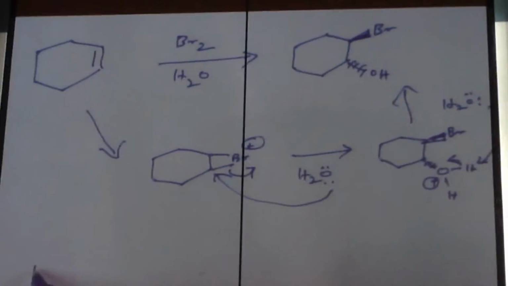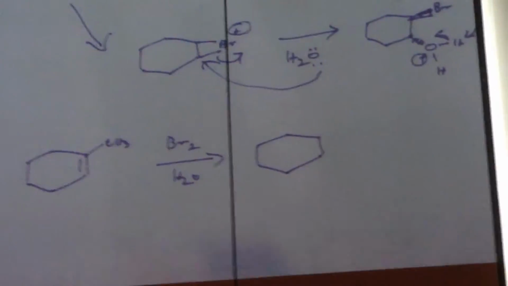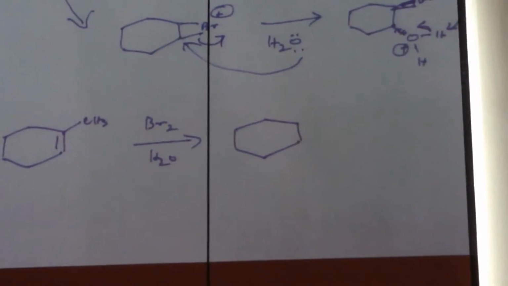Now, one of the interesting things about this reaction is that if you have a substituent across the double bond, let's say an alkyl group here, then the same reaction would exclusively generate not only the anti-product, but the OH is going to go to the more substituted carbon.